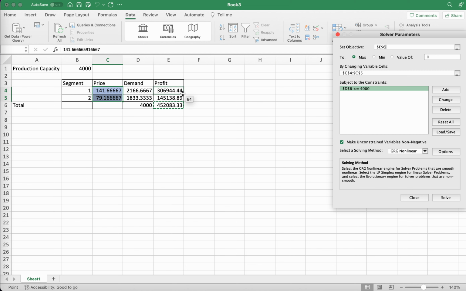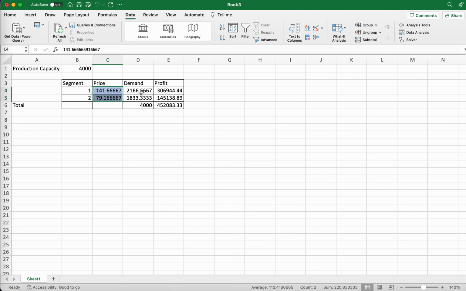Now, demand is 2166, demand is 1833. If you want to set them aside, if you want to make them 2166 and 2167 and 1833 to do actual calculation, you could do that. But this is the value that you got from the solver, and that doesn't mean that you have to use this exactly as it is.